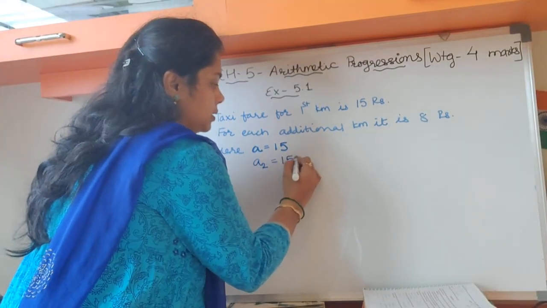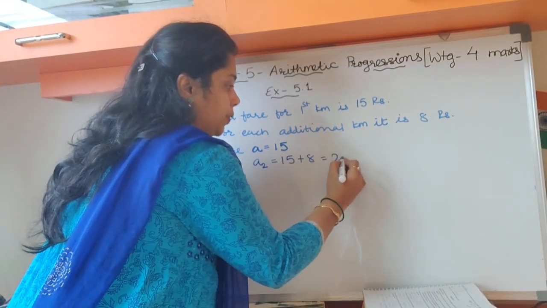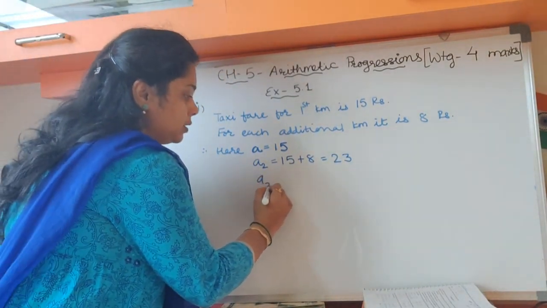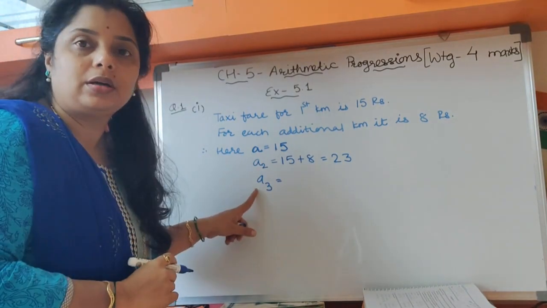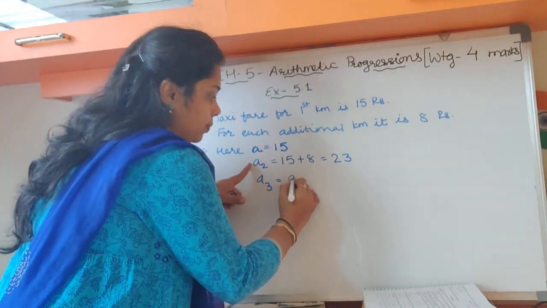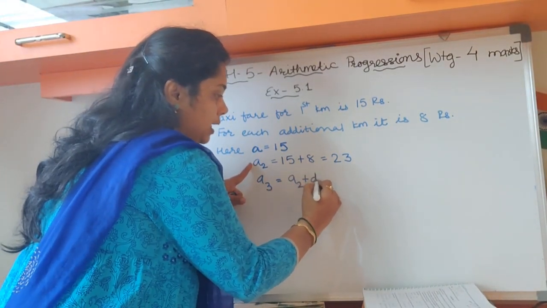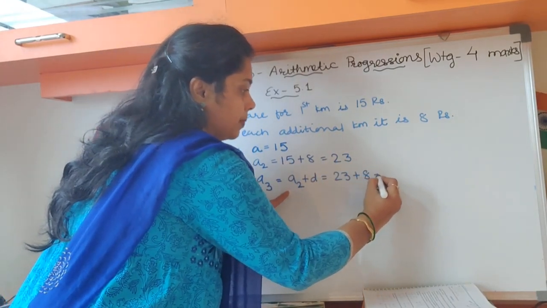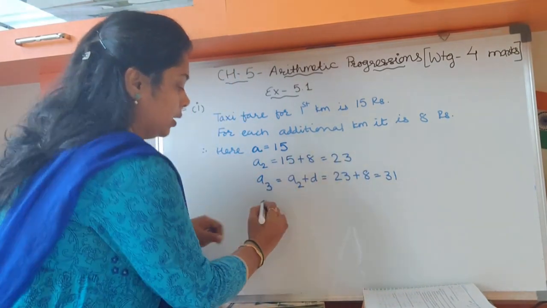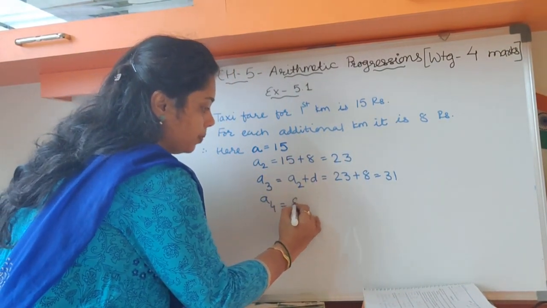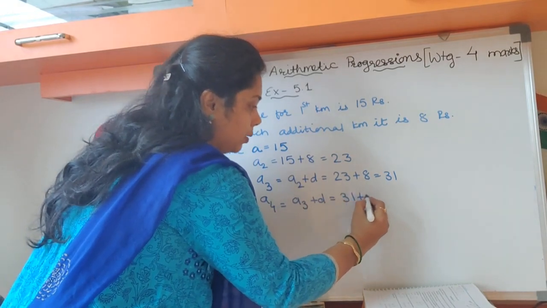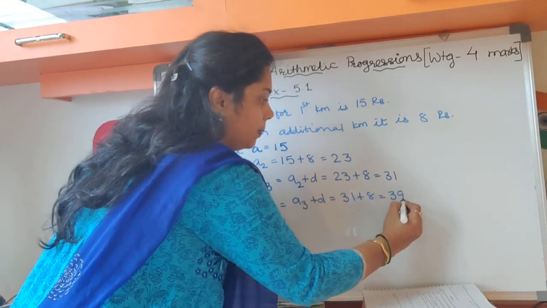So 15 plus 8 is equal to 23. So this 23 is the second term. Now a3 is the third term. How to get the third term? a2 plus d. It means a2 is 23 and plus d is equal to 31. Now to get a4, a3 plus d is equal to 31 plus 8 is equal to 39.